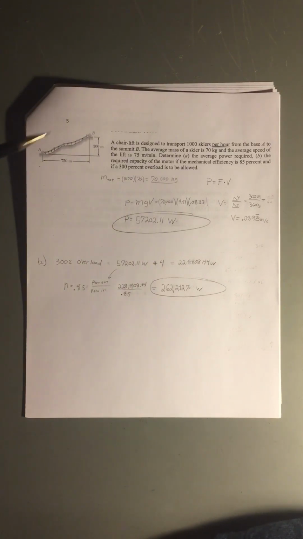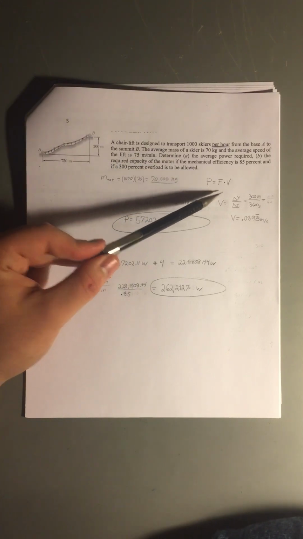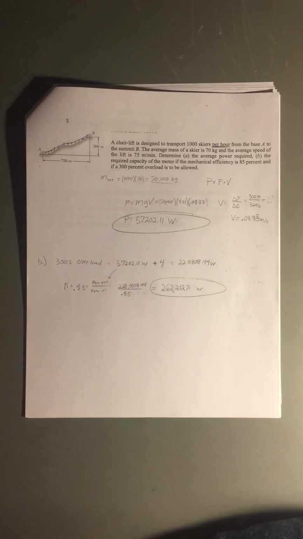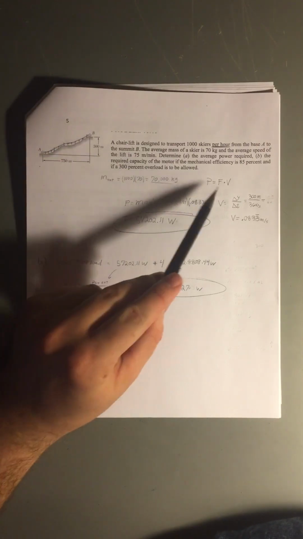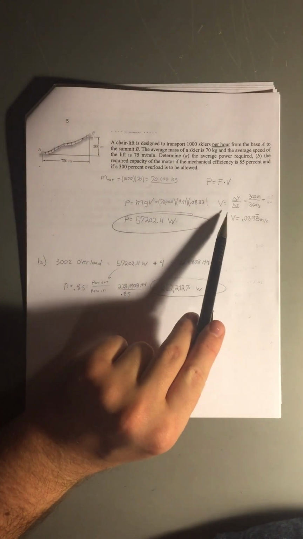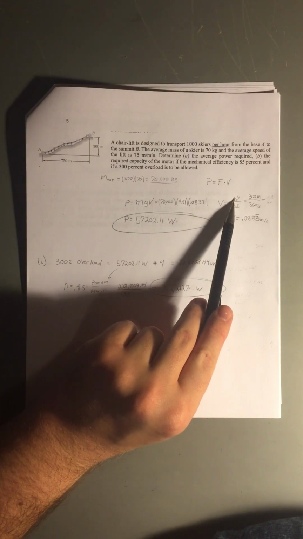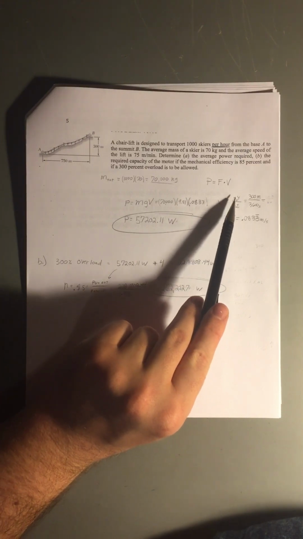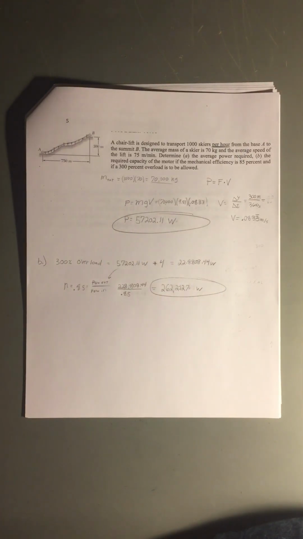And then we know that power is force times velocity. That's the definition of power. That's our formula that we use. And so looking at this problem, I broke this down and tried to find force and velocity. And so our velocity, we know, is our delta y over delta t, or basically our change in height over change in time.